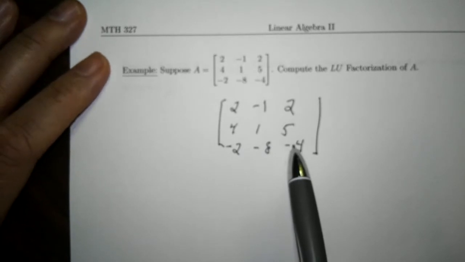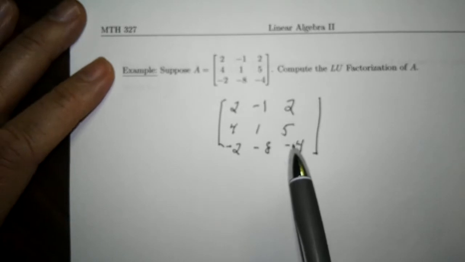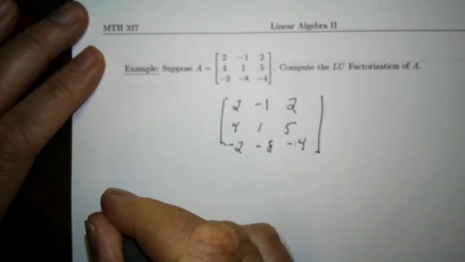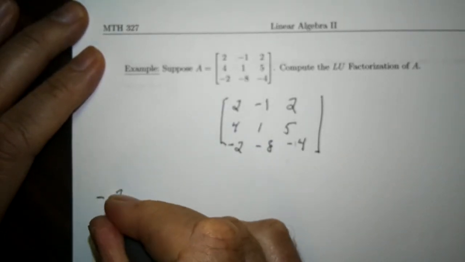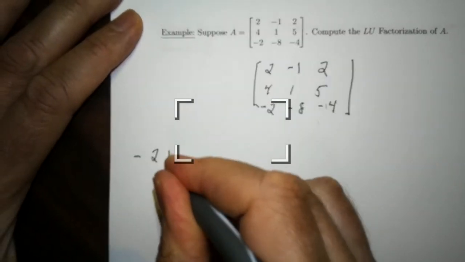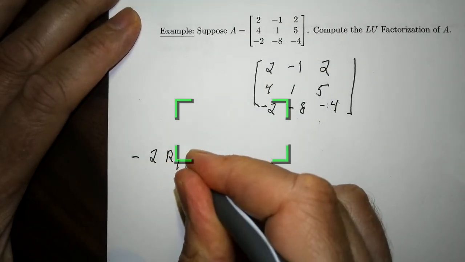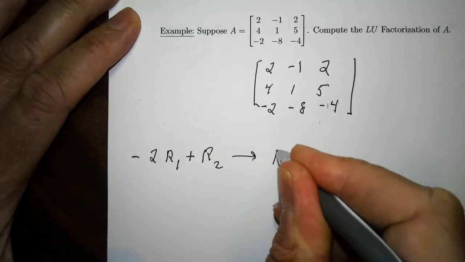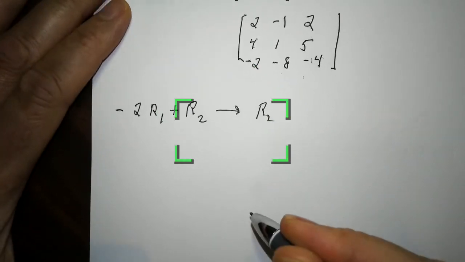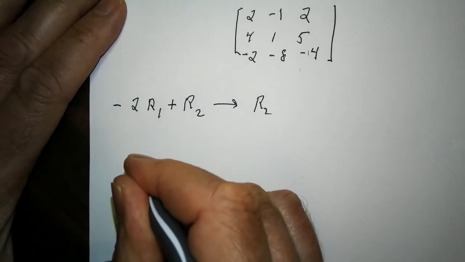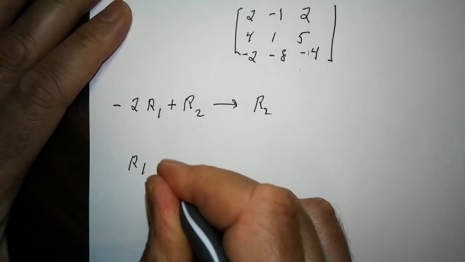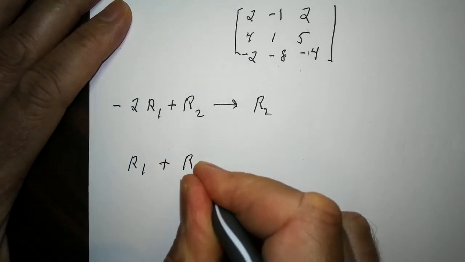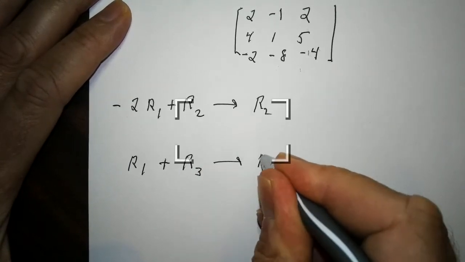Now, the way I've designed the matrix, it's going to be pretty easy to row reduce this to an upper triangular matrix. What I will do is simply write the 3 elementary row operations that are required to do this. We're going to take minus 2 row 1 plus row 2, and place that into row 2. We will also take R1 plus R3, and place that into R3.